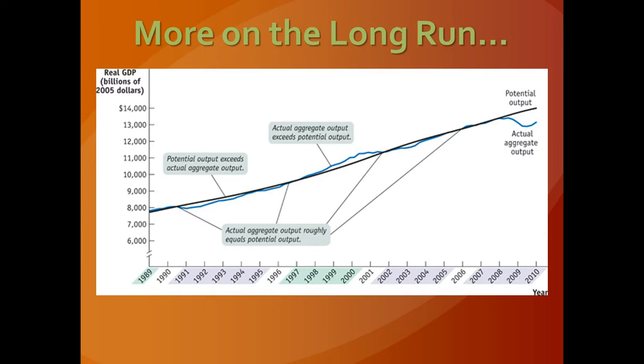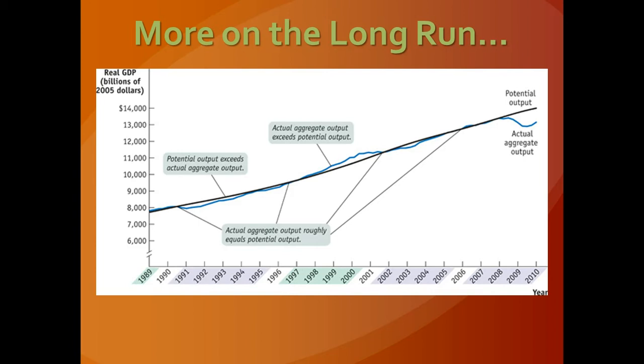What we see is that, generally speaking, output will fluctuate a little bit to the left or a little bit to the right of our potential output. So actual is just kind of hovering around that point. You can see in the graph that the blue line is our actual output and the black line is this kind of theoretical potential output, and they tend to mirror each other quite nicely.